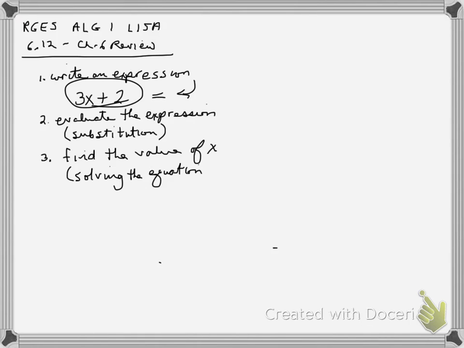A real number and an integer: we've done a lot with real numbers. I think you understand that. They can be both rational and irrational, whereas an integer would be a whole number, either positive or negative or 0. A term and a factor, the difference: terms are added or subtracted together, factors are multiplied together.